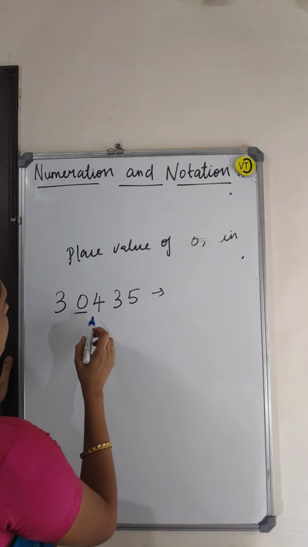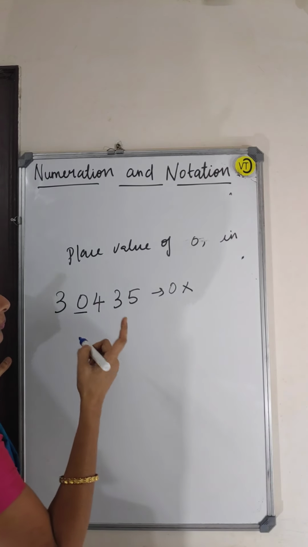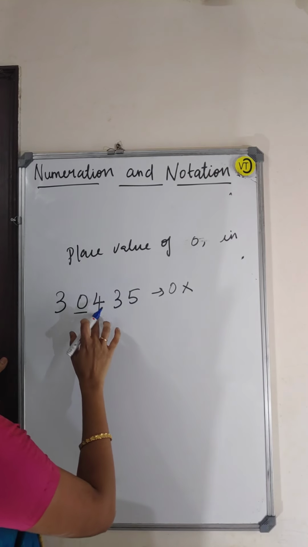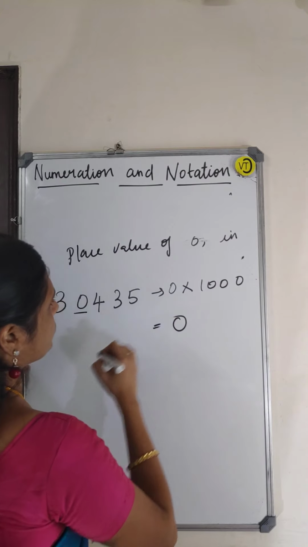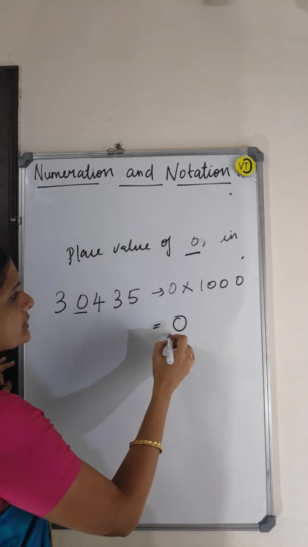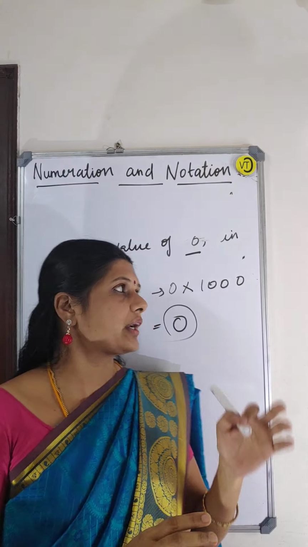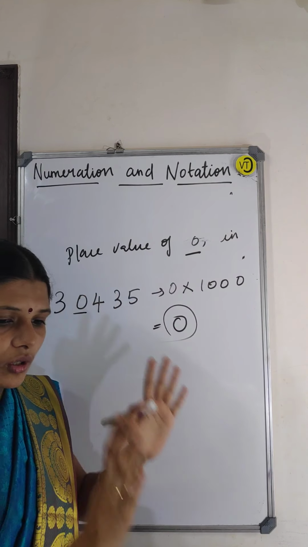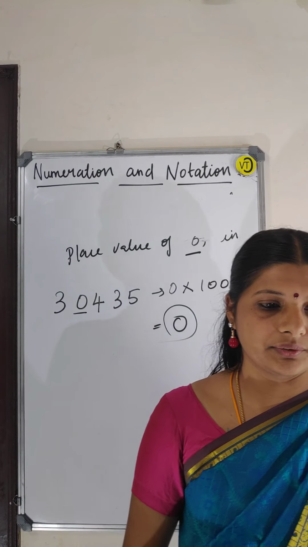Face value is 0. The value of the place is ones, tens, hundreds. So this is also 0. Always the place value of 0 is 0 only. 0 into anything is equal to 0. You will not get any value there.